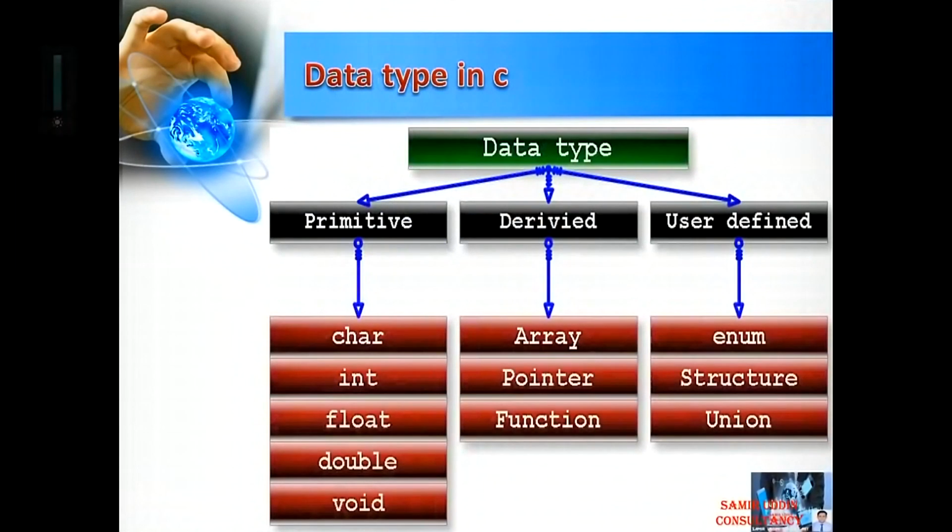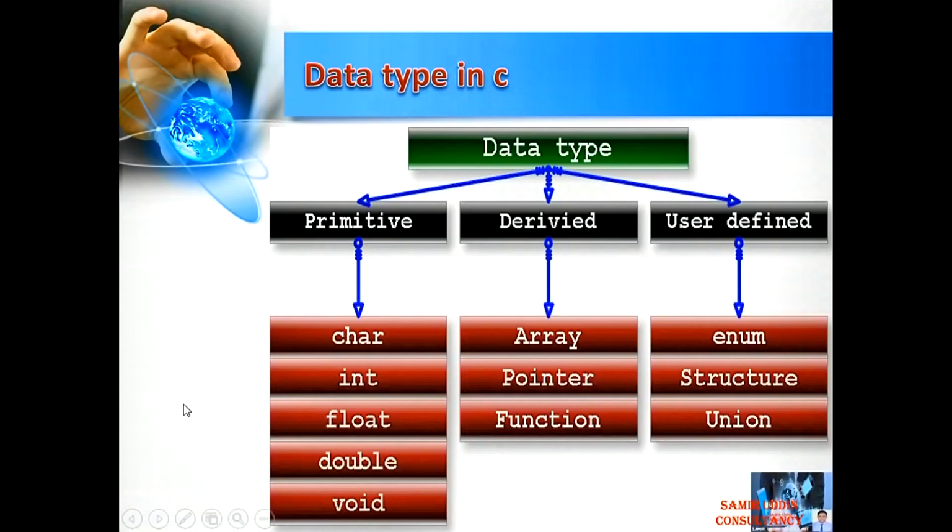Next is data types. Data types determine how much space a variable occupies in storage. Data types are categorized in three ways: primitive data types, derived data types, and user defined data types.